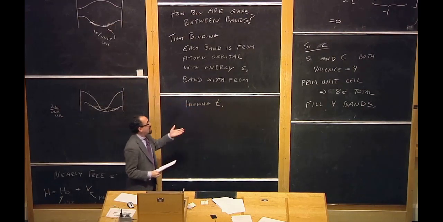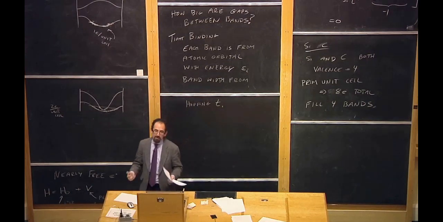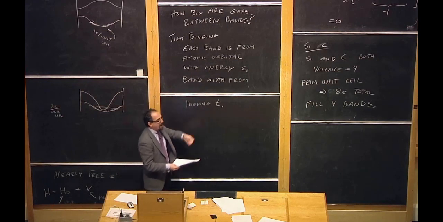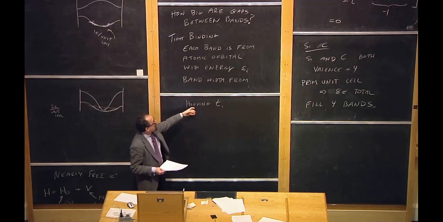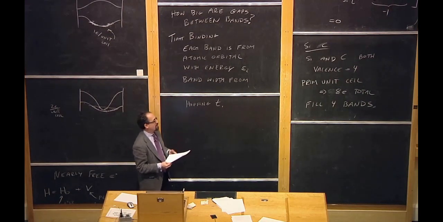So if the original atomic orbitals are very well spaced apart from each other and the hopping is small, then the bands don't have a chance to overlap because they initially start very far apart, and the hopping is what spreads the bands out from a single energy into a band. So if the hopping is small and the energy spacing is large, then the bands won't overlap. So that's one way of understanding it.